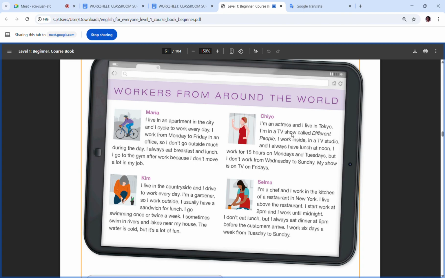I'm I'm in a TV Joe. for Different different people. I work I work inside in a TV studio. And I always have lunch at noon. I I work in a TV studio, and I always have lunch at noon.